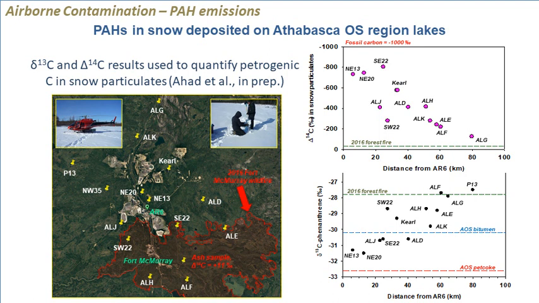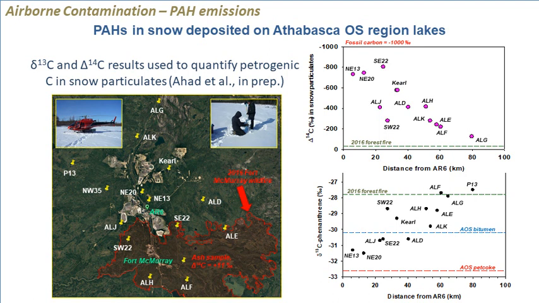Still working with airborne contamination, this time airborne contamination with PAHs. PAHs that come with snow that cover the iced lakes in the area. Working with the PAHs, the radiocarbon and stable carbon isotopes, the upper graph is for radiocarbon, the lower graph for stable isotopes.